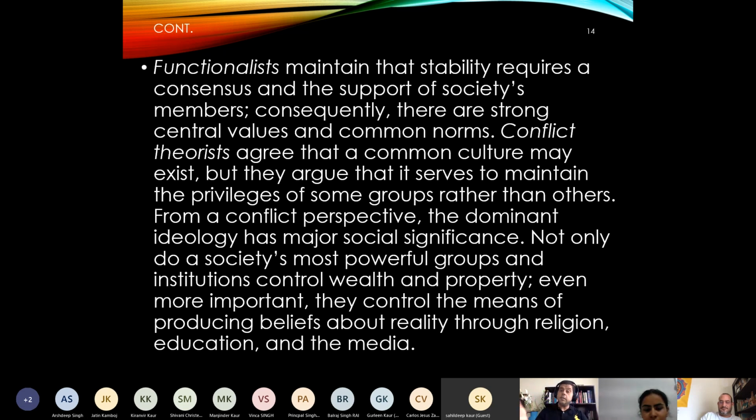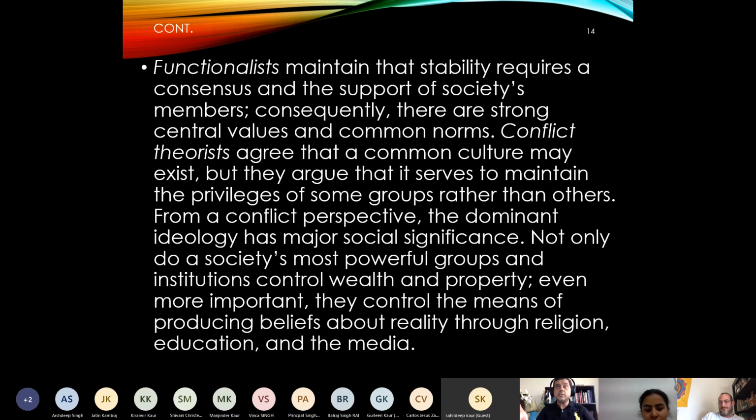And the conflict theory says no, that they argue, read here in this slide, read the 5th line. Okay? Conflict theorists agree that a common culture may exist, but they argue that it serves to maintain the privileges of some groups rather than others. Okay? From a conflict perspective, the dominant ideology has a major social significance.